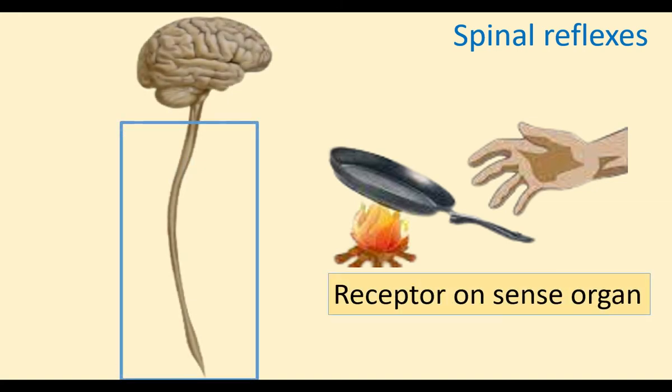Receptors are found on sense organs. Skin has touch receptors, heat receptors, and various other receptors. These receptors send the information to the spinal cord through the nerves. The spinal cord analyzes the information and sends a command to the motor organ.